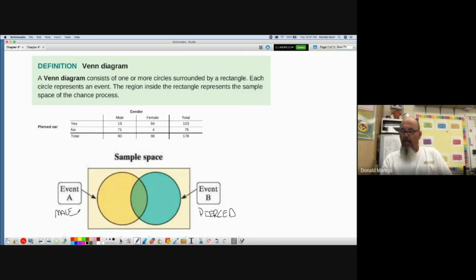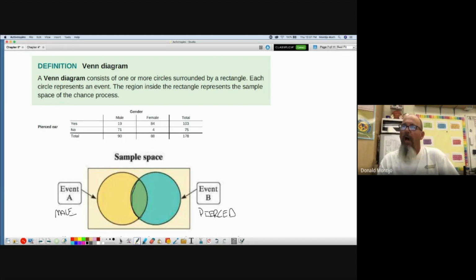We're going to talk about the intersection and union of events here. When we build a Venn diagram and we want to put the numbers into it, we always want to start with the intersection. This intersection area right here, this green area, is the "and."